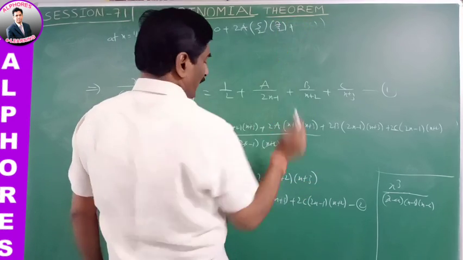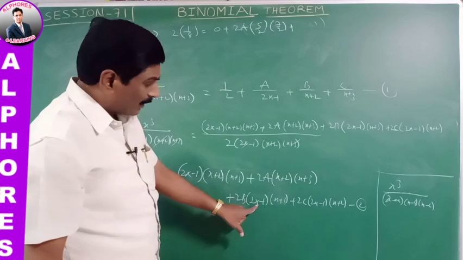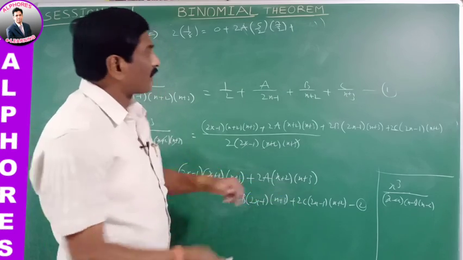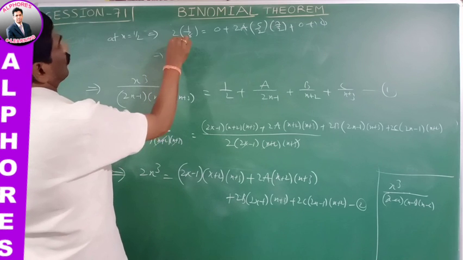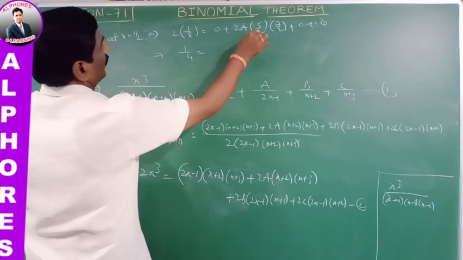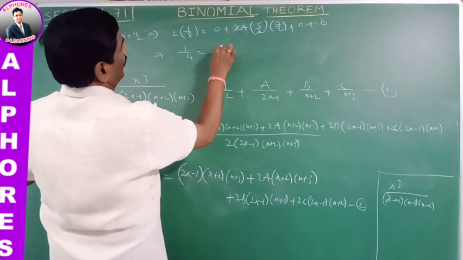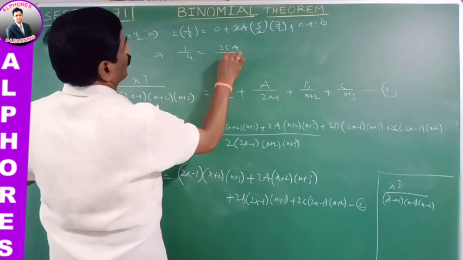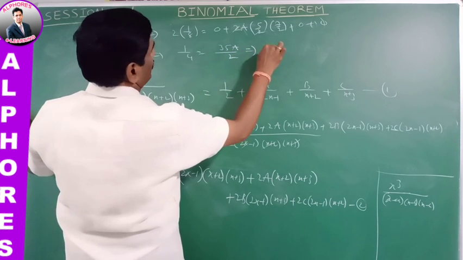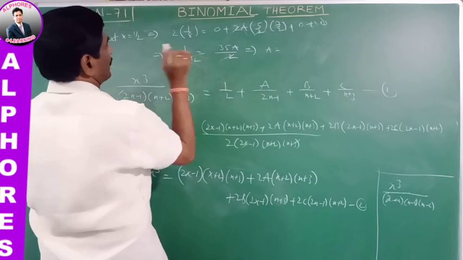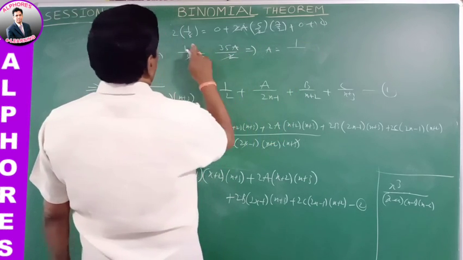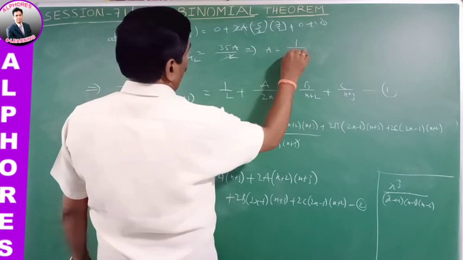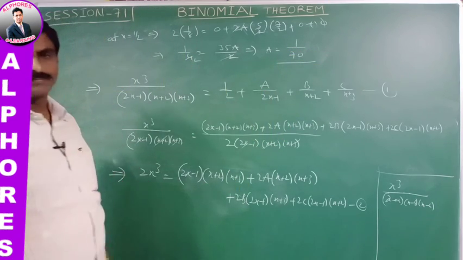Plus what are the remaining terms? 2 into 1 by 2 means 1 minus 1, 0. This is automatically 0. What is the value of A? Here 1 by 4 is equal to 35A by 2. That means A is equal to 1 by 2 into 35, that means 1 by 70. It is the value of A.